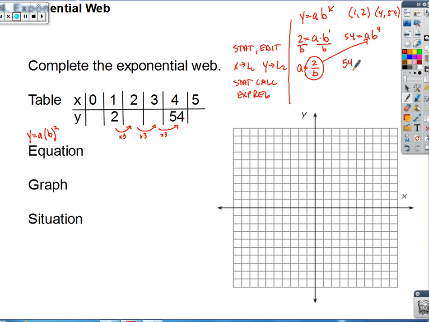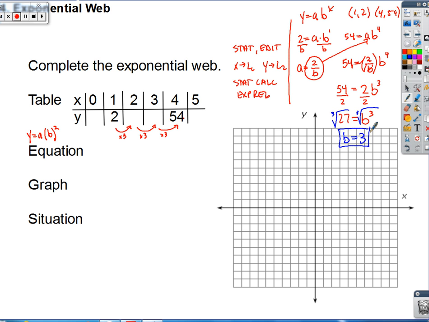So I have 54 equals 2 over b times b to the fourth, which means 54 is going to equal 2, and then b to the fourth over b cancels, so I get b to the third. Divide by 2. So I end up having 27 equals b cubed, and then I need to take the cube root of both sides to get 3.